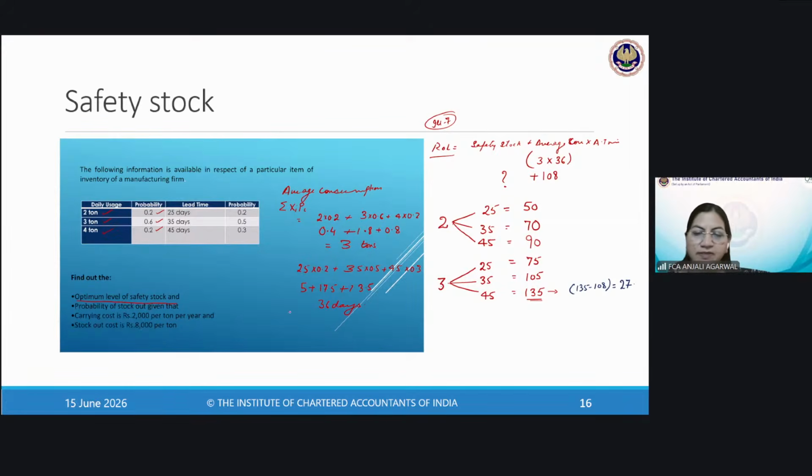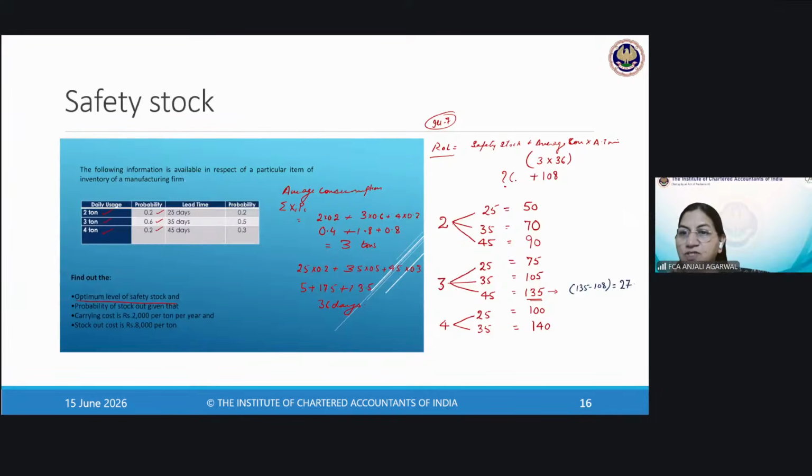I hope this is clear. What is the third possible scenario from consumption point of view? 4 tons. And if it takes 25 days, what's your total consumption? 100. Still safe, no problem. But if it takes 35 days, that's a problem. 140. How many units you ordered? 108.